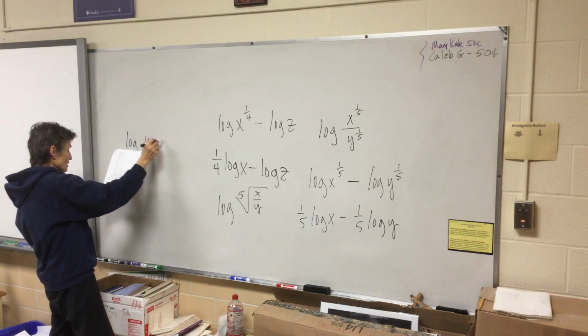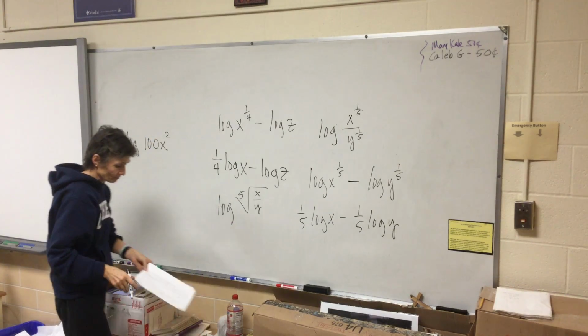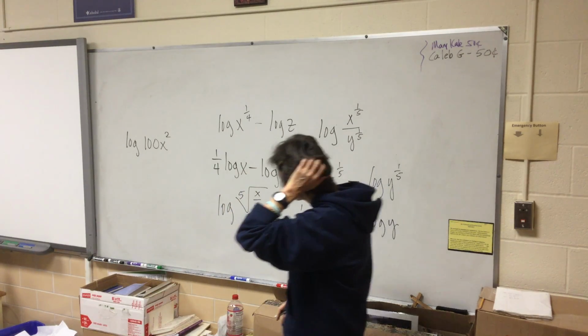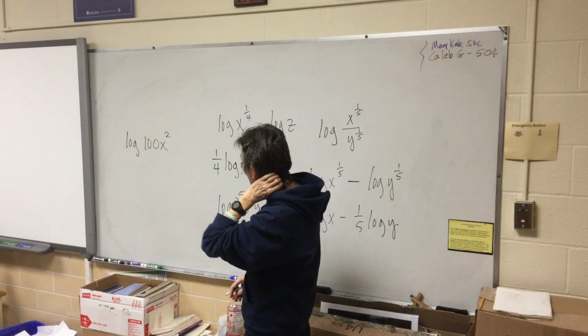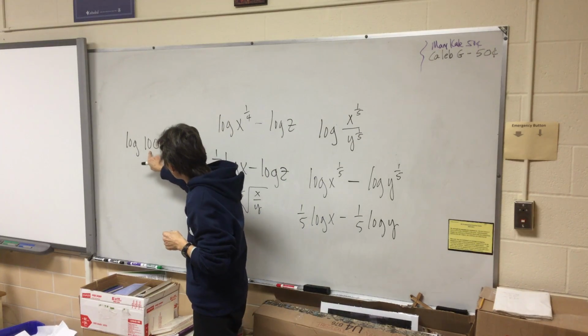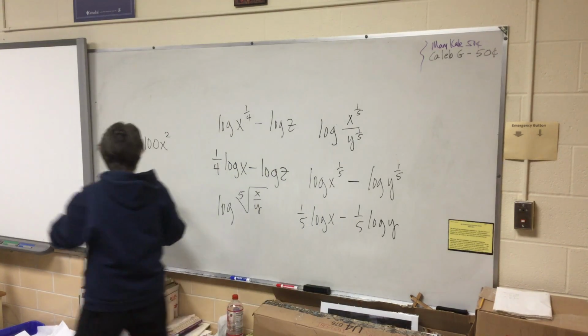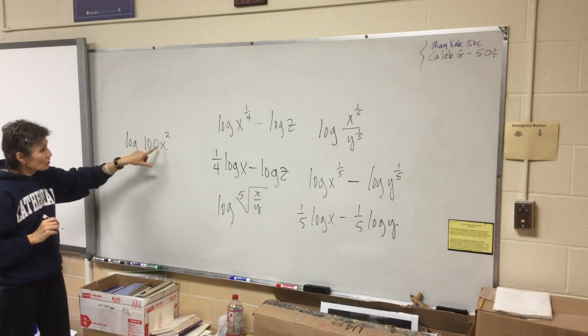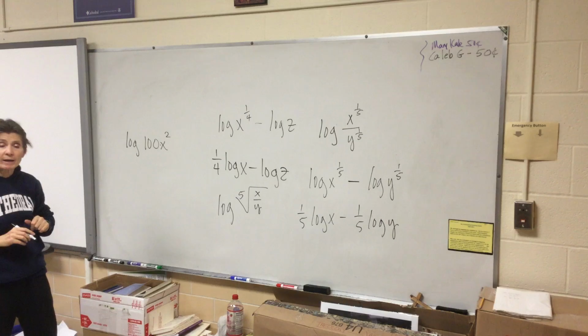Log 100x squared. Now, this one's a little tricky because there's a number and a variable. But remember, in between there is a times. That's 100 times x squared.